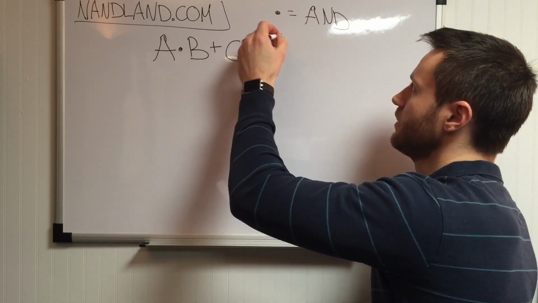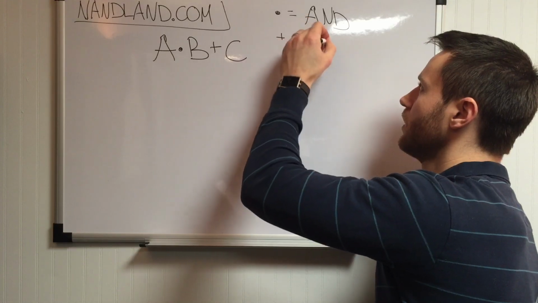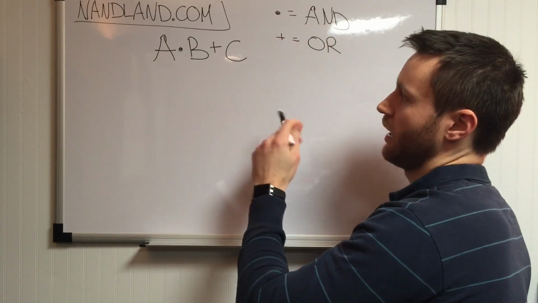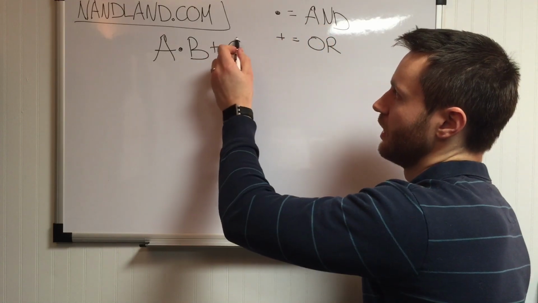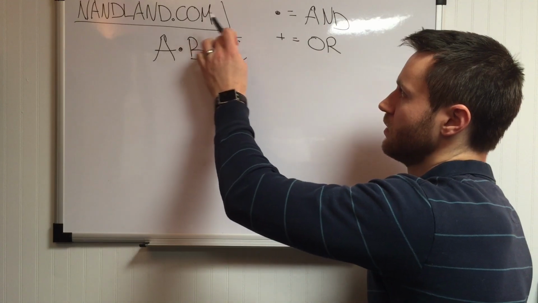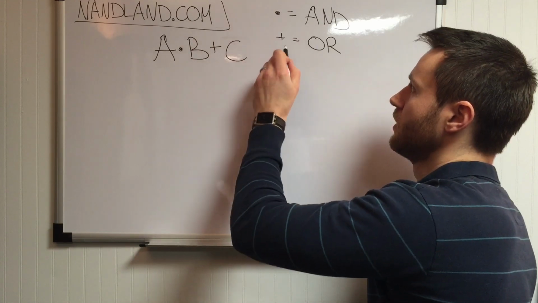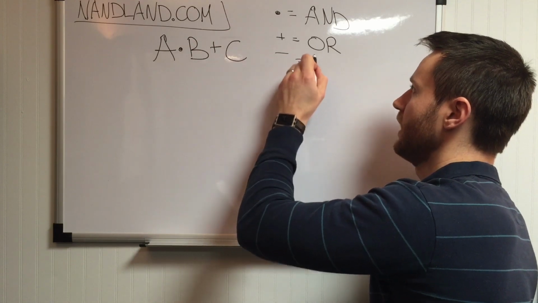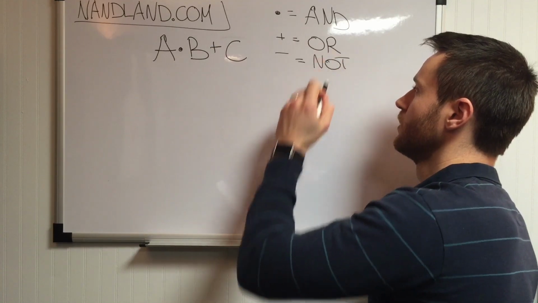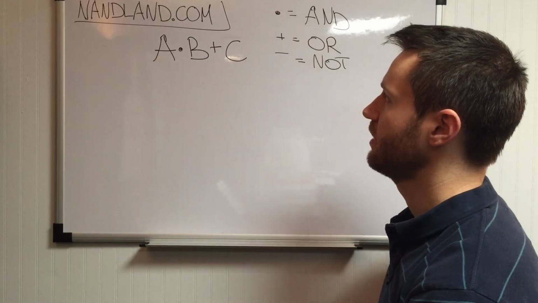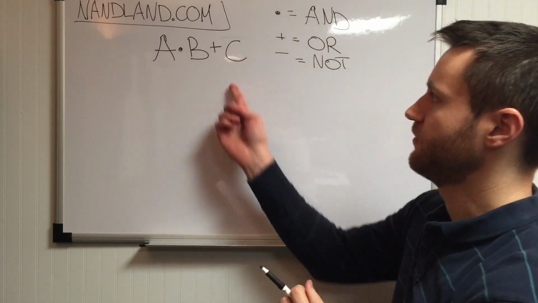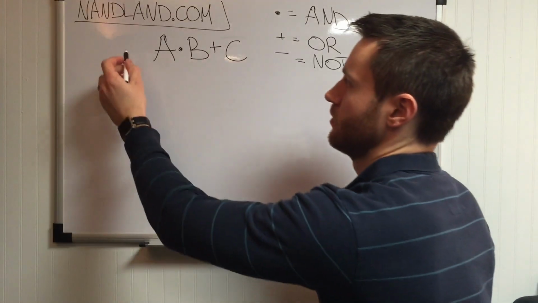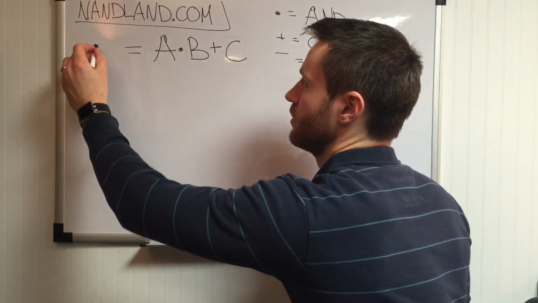The plus sign is OR. And a line over the top is NOT. So with that, we can start to get a feel for what this equation represents.